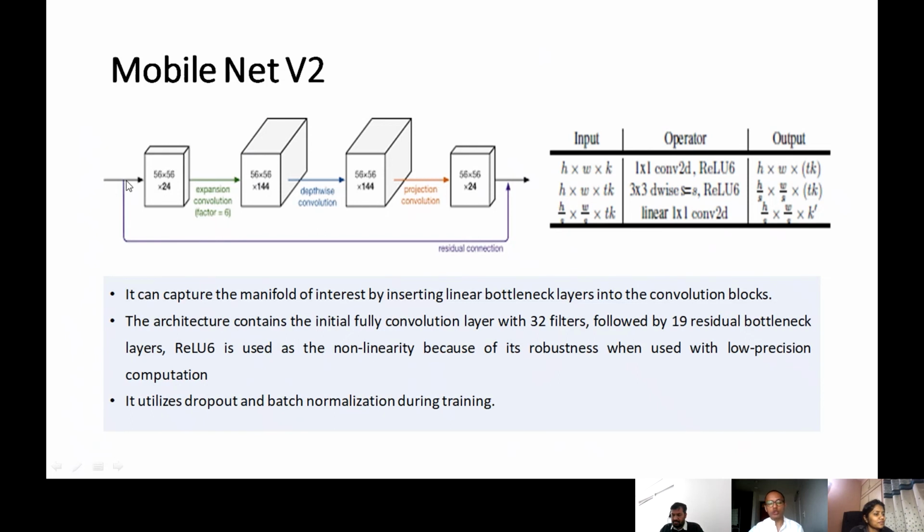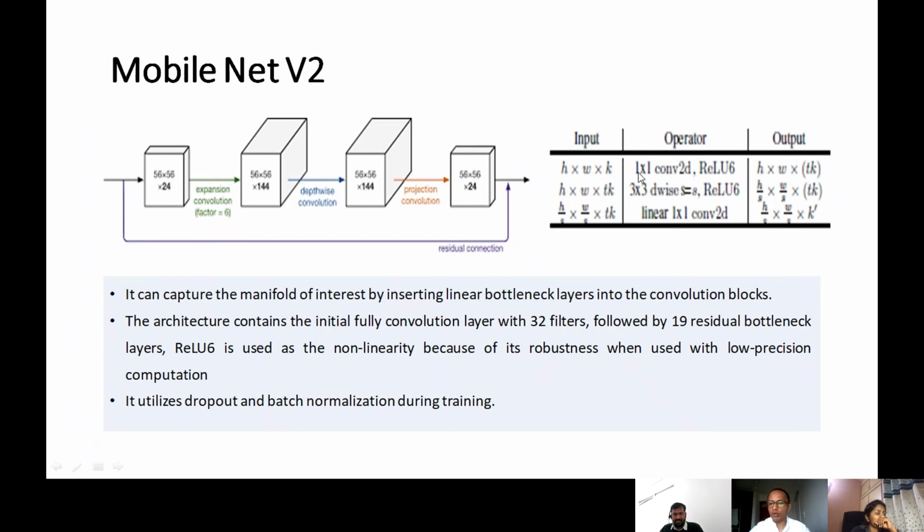Now we also have the initial bottleneck, the 56 cross 56 cross 24, that is taken as a residual connection, and then the losses are calculated, and the output is generated, and the output reduces the parameters. Now when we talk of the input and the output layer, almost the size is the same. So H cross W cross K is your input size of the image.